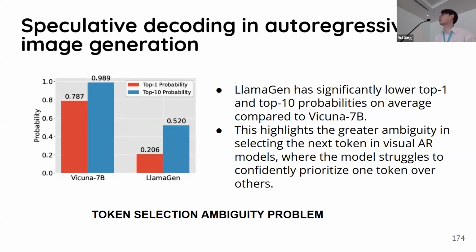So it means that there is great ambiguity in selecting the next token in autoregressive image generation models. In other words, the image generation model prefers assigning average probabilities to the visual tokens, so it is not as confident as the text generation model. The authors referred to this as the token selection ambiguity problem.